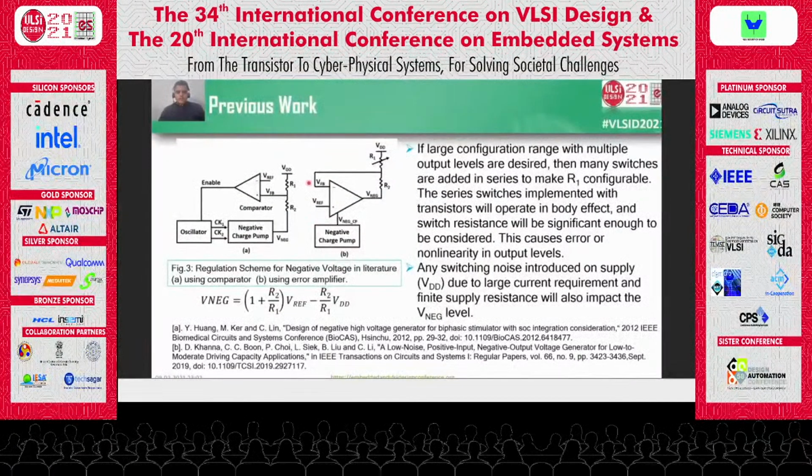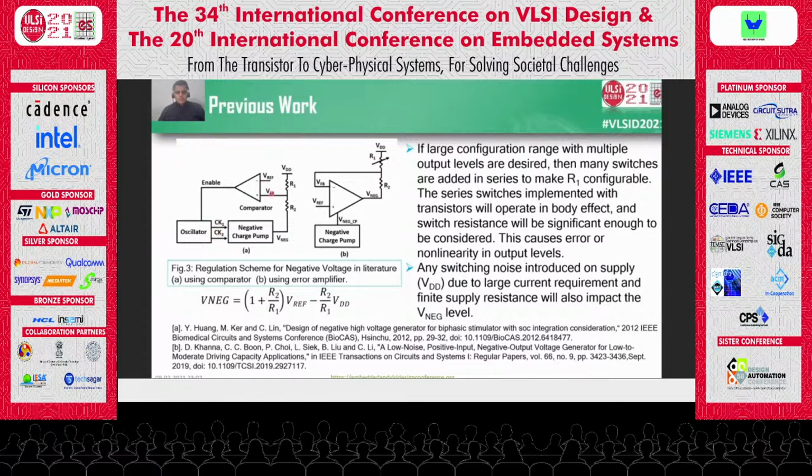In this slide, we will go through the previous work which has been done. In the A figure, in this architecture, VNAG is generated with the help of negative charge pump directly, and VNAG is regulated with the help of comparator and oscillator. So when we reach the desired VNAG value, oscillator will be cut off and CK1 and CK2 will be off.